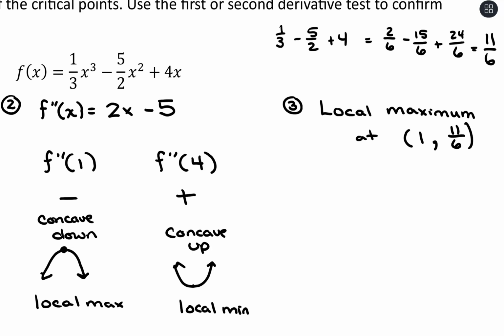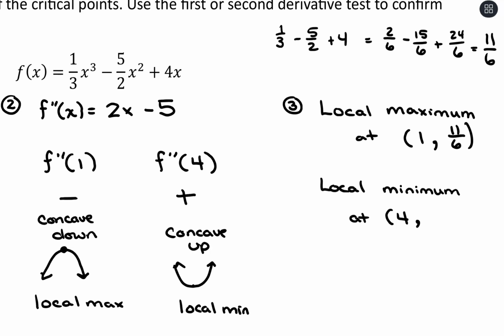I did that mental math pretty quickly there, so I'm just going to check it in my calculator real quick. That was some fast fraction math, but I'm just going to double check that: 11/6. Yay! Okay, so that's our local maximum, and then we have a local minimum at 4.